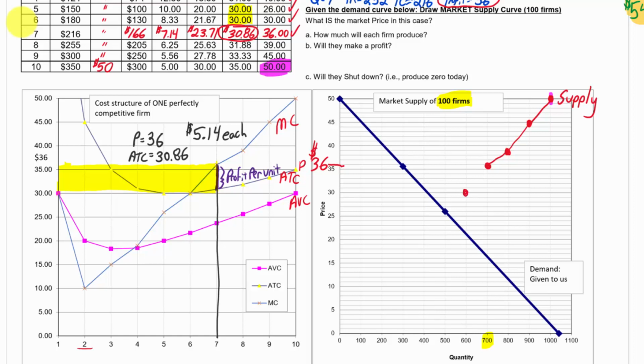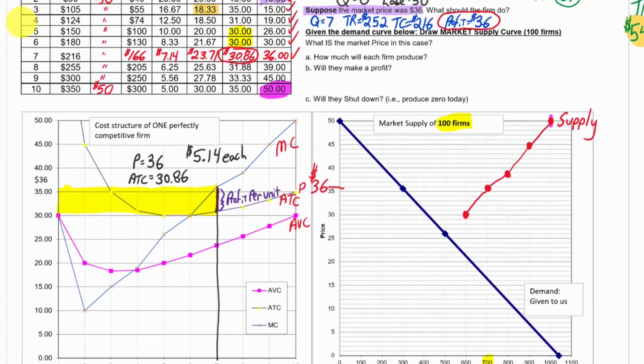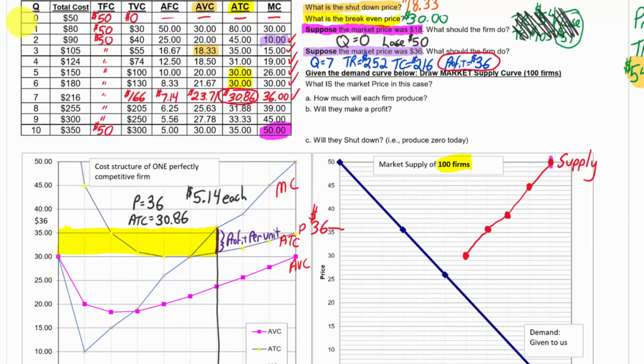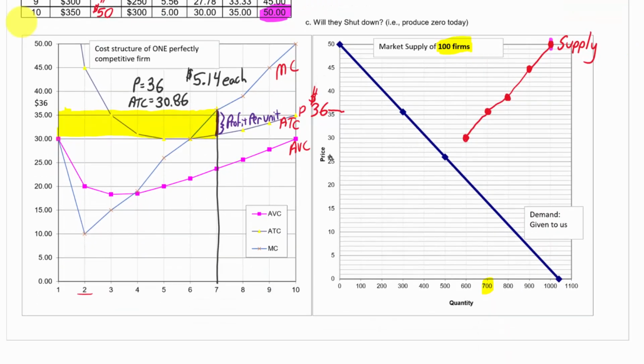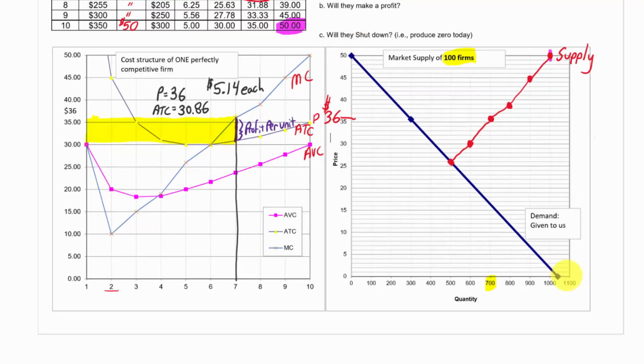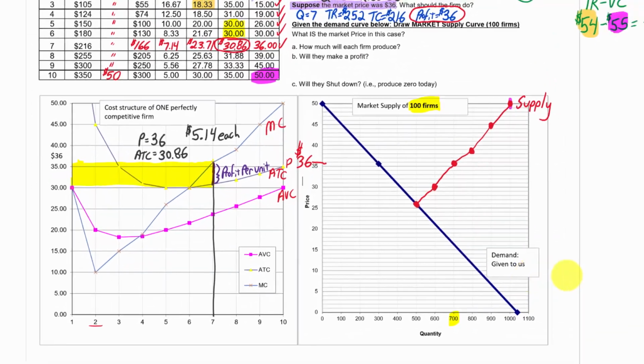Alrighty, right there. And connect the dots. Next one here is $26 and 500 units. $26, 500 units. Look, now we see where the supply curve intersects this demand curve. And again, this demand curve is going to be given to us. But let's keep going. Let's finish the rest of the supply curve here.